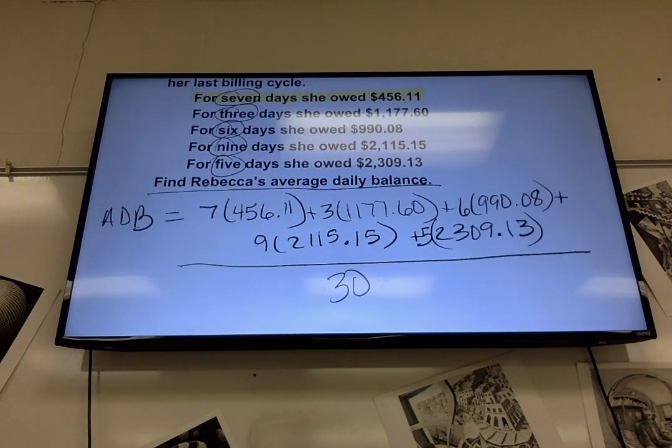So now the top amount ends up being $43,248.05. Double check my arithmetic. It is early. And then we divide that by 30. I think I'm going to replug that in and make sure. Did y'all plug that in?